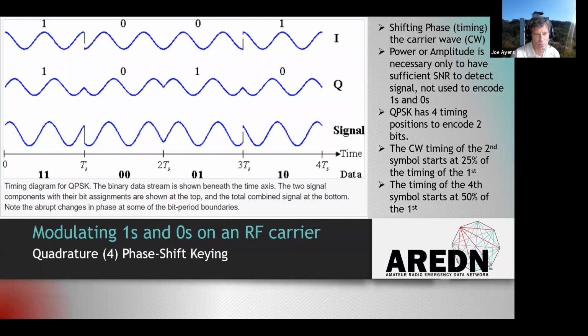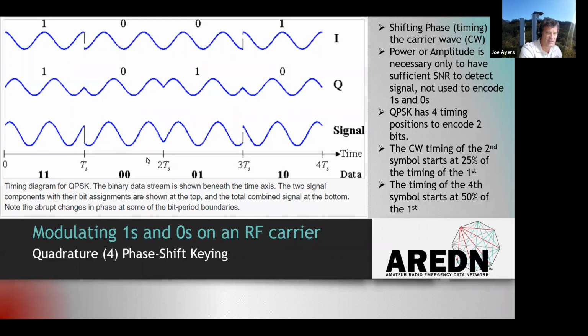And so what are we doing here? This is quadrature phase shift keying. We're changing the timing of that carrier wave. In the first symbol being transmitted, we're just holding that carrier wave with the timing of it starting at the top of the sine wave, and we hold it for that period of time.